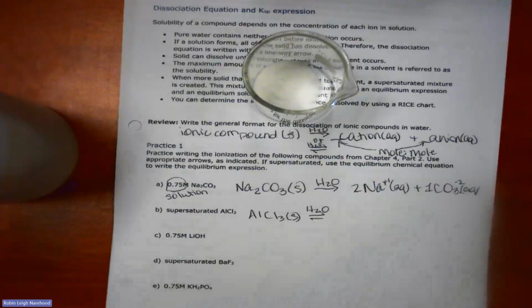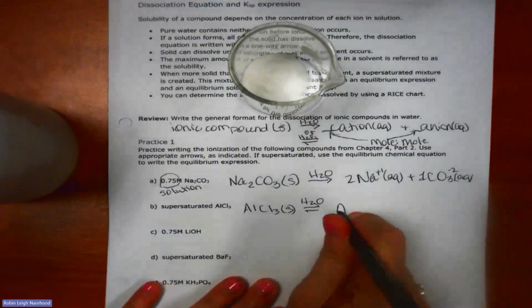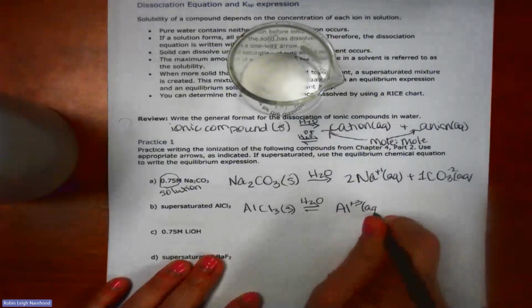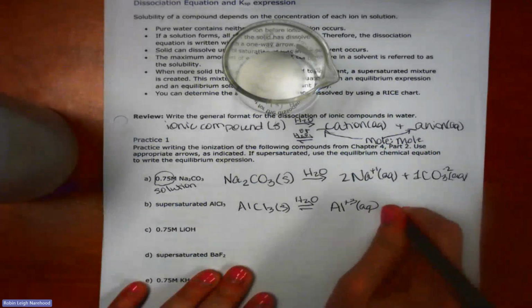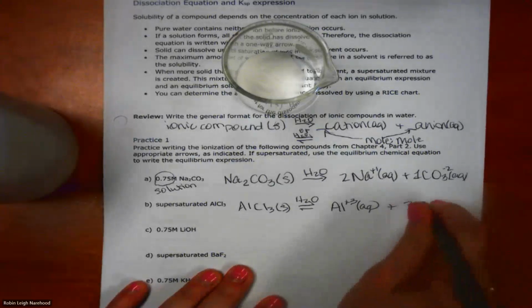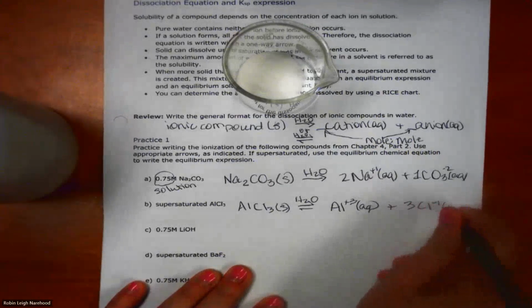Okay, so what would the cation be? Aluminum. And so you would write Al, but if you just write Al, that's metallic. To make it ionic, you have to put +3. So we got +3 because we got to make it the cation. And so the ion formulas have to be ions. What would you write for the chloride as its ion? 3 Cl -1.